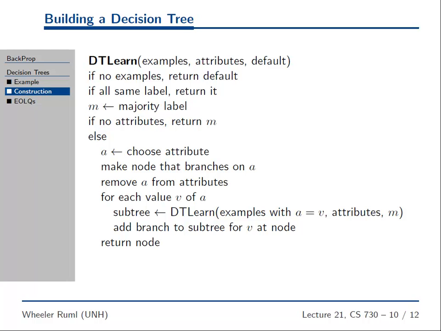So these are the attributes you have not yet branched on. And this is the default label that you're going to use. So for example, this is probably the majority label. If there are no examples left to test, then you just return the default label. Pretty straightforward.